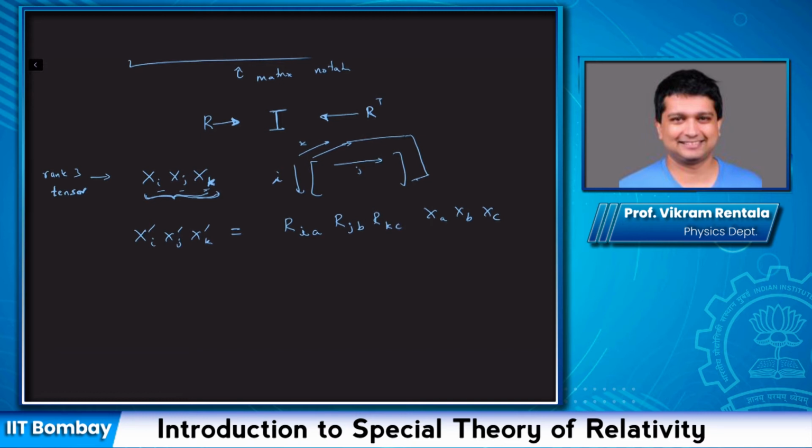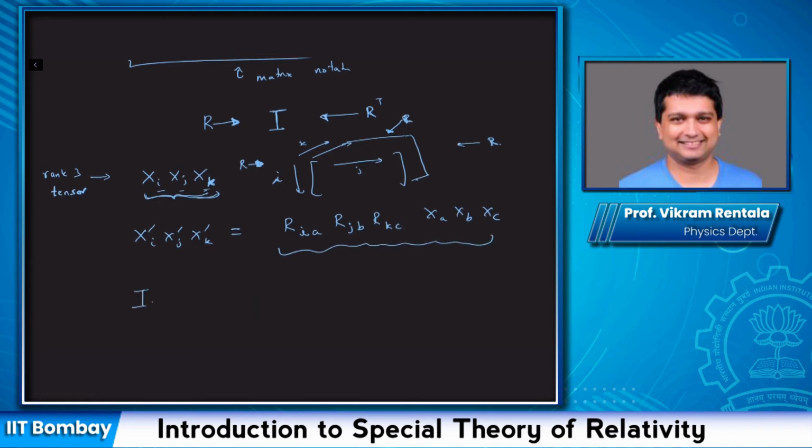This transformation rule is effectively telling me that I have to hit it with a matrix R from the left, a matrix R from the right, and a matrix R in this perpendicular direction. So it's obviously much more complicated to describe than the simple laws of matrix multiplication that we've written down before, but it's much easier to write down in index notation.